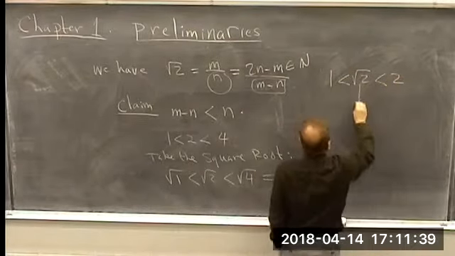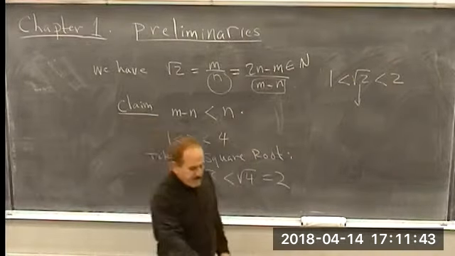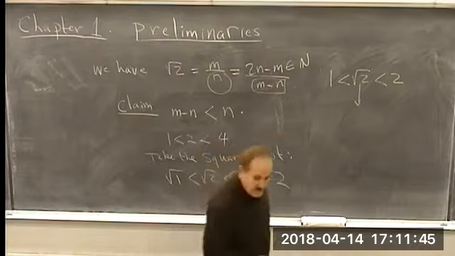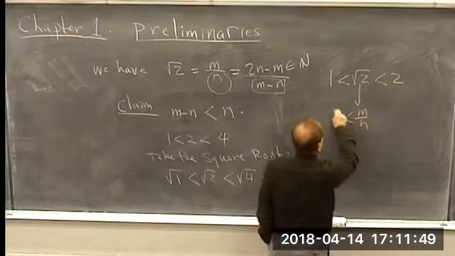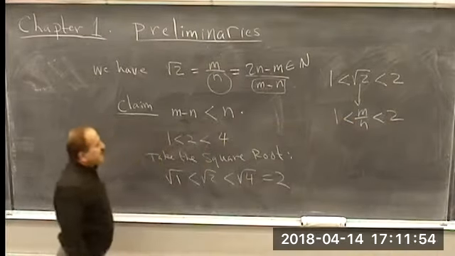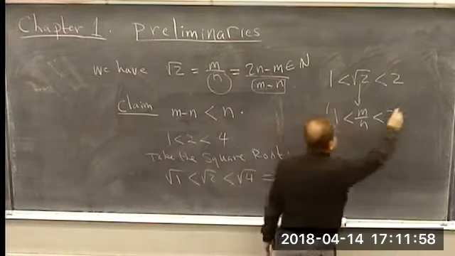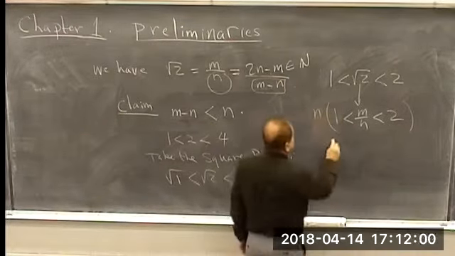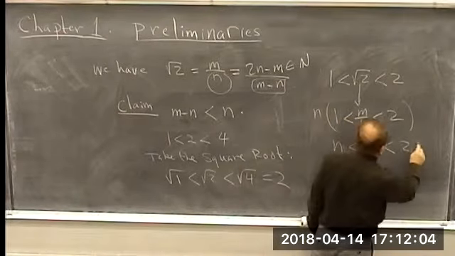Now let me put this in here actually as m over n, like that. And again, I want to multiply throughout by n, because it's positive again. So we get n less than m less than 2n.